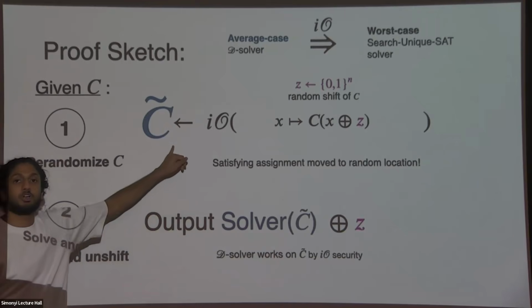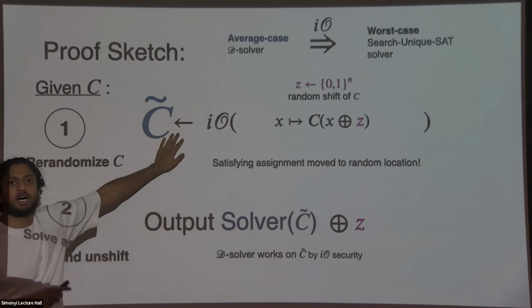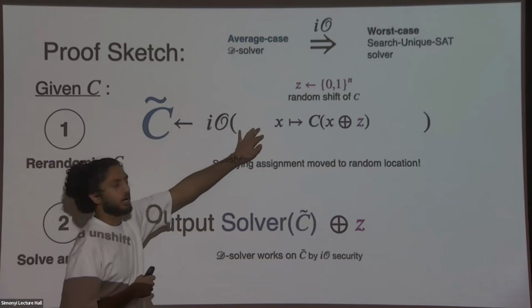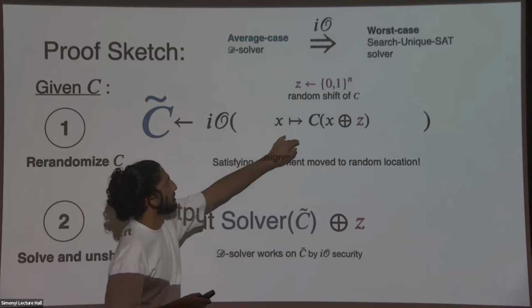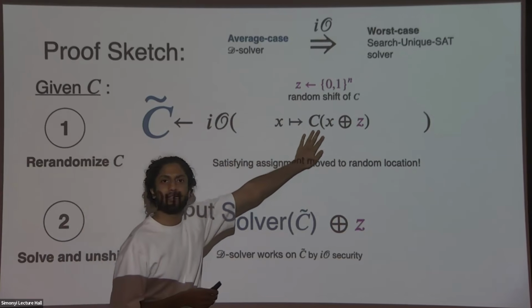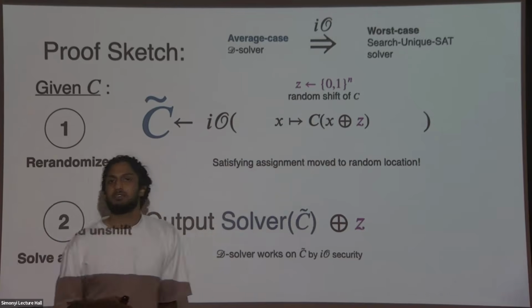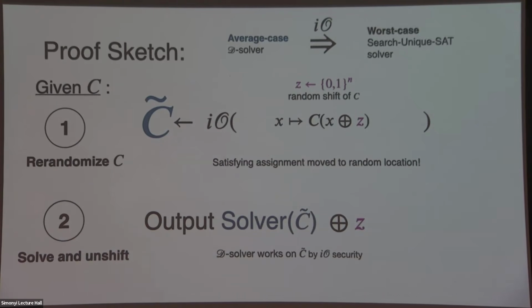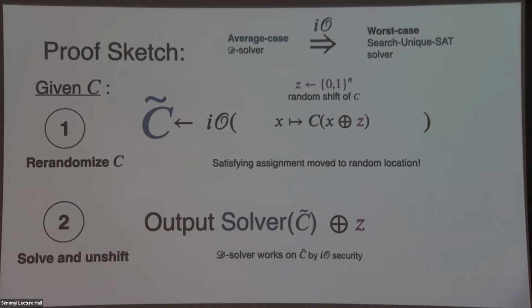So the solver works on obfuscated point functions. But without using the IO guarantee, it doesn't necessarily work on these shifted functions. So it's average over all point functions, and you need the fact that the circuits are obfuscated after you IO them.